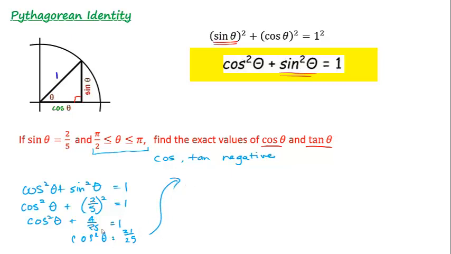Now, if I have cos squared theta and I want to get that on its own, I just need to take the square root of both sides to get cos theta is equal to the square root of 21 over 25, or simplifying that, the square root of 21 over 5. And I know that because it's in that second quadrant, this is going to have to be a negative value, because I'm looking for values between pi over 2 and pi.